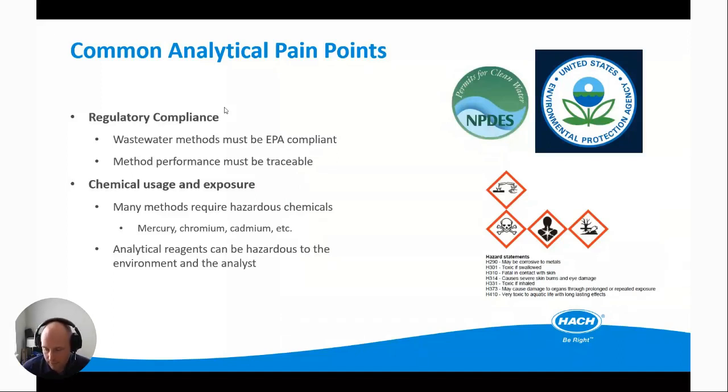Common other reagents for COD or total Kjeldahl nitrogen contain things like mercury, chromium, cadmium, sulfuric acid, silver, lots of metals and acids that are not fun to deal with from an analyst standpoint, because obviously, like this image shows, we don't want to burn our skin or kill ourselves with the reagents that we're using, and we also don't want to damage the environment by using chemicals that will kill the aquatic life downstream of our discharge.